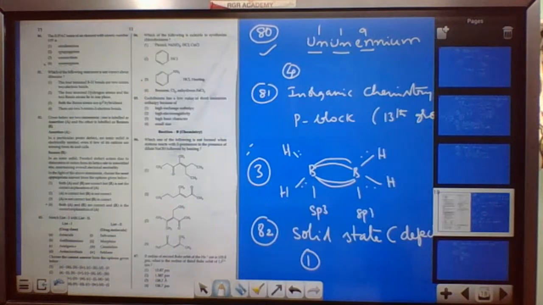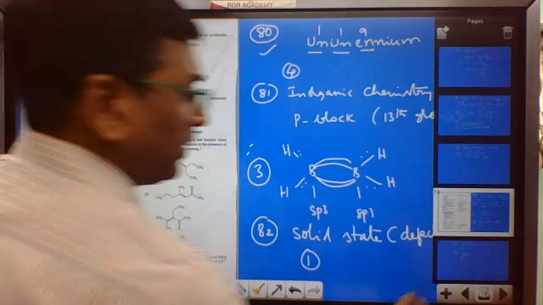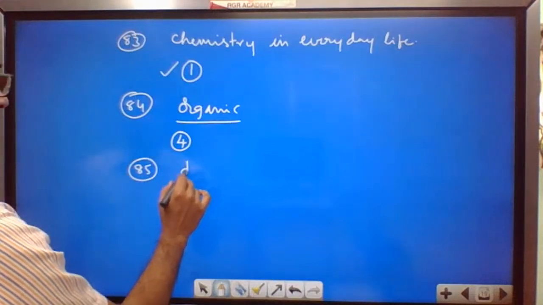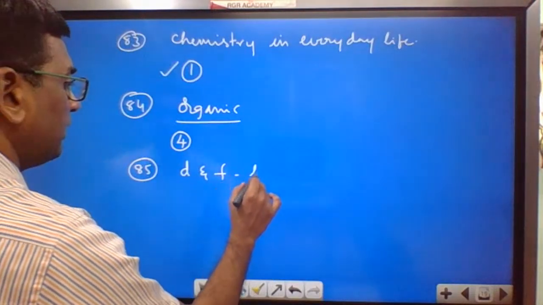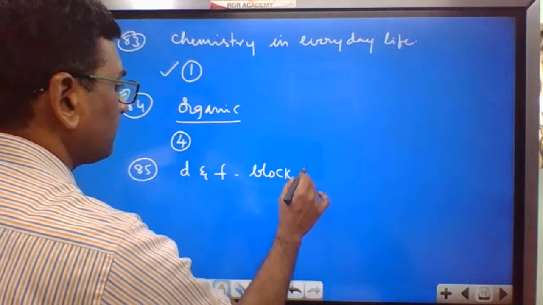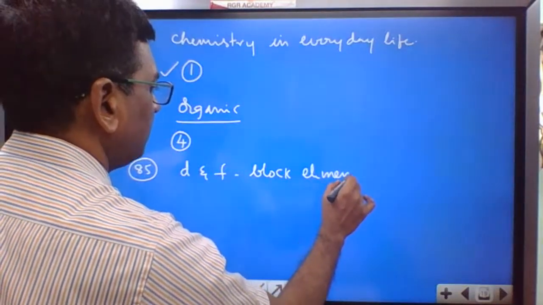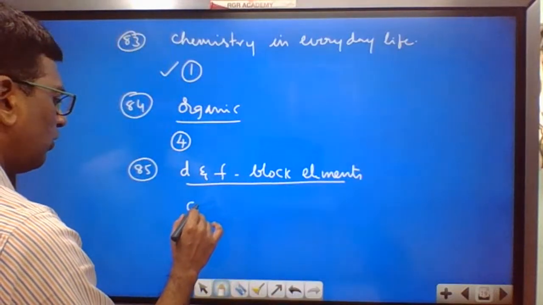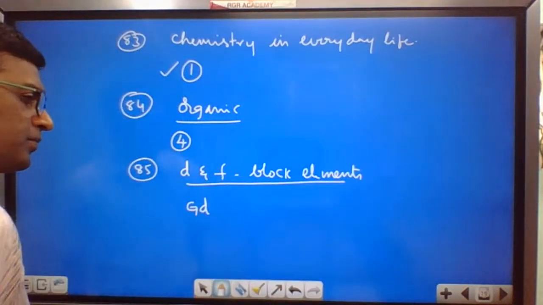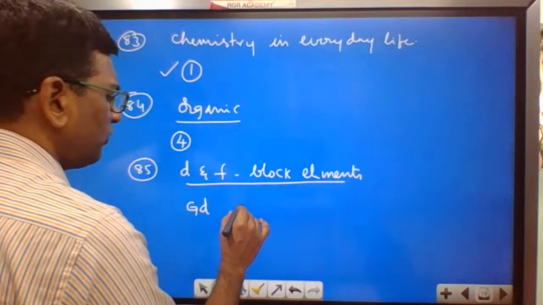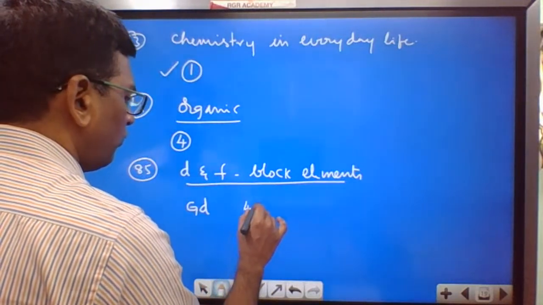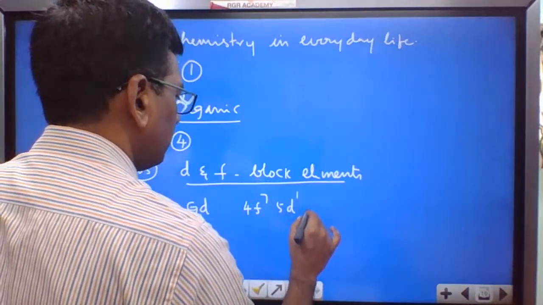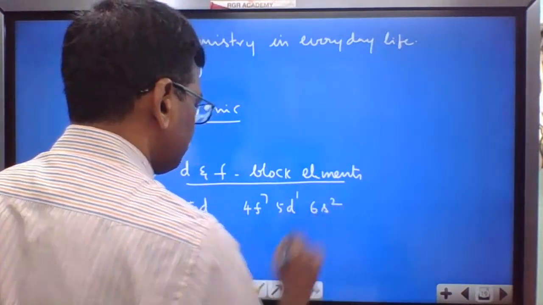Then gadolinium, 85. This is given from D and F block elements. This is also a bit difficult question. Gadolinium, Gd. You know, electronic configuration is 4f7 5d1 6s2.